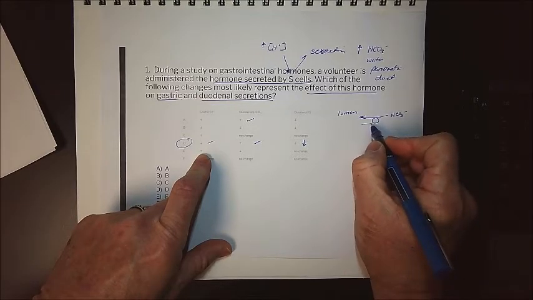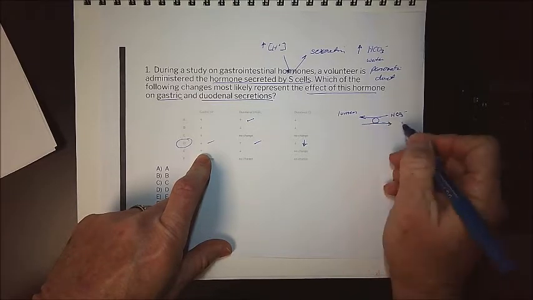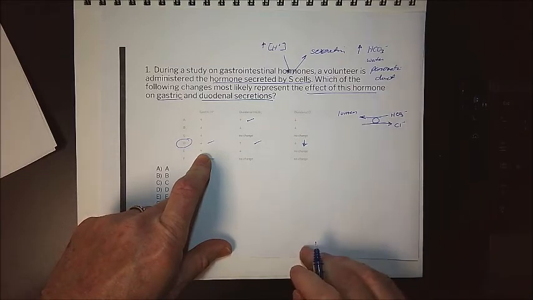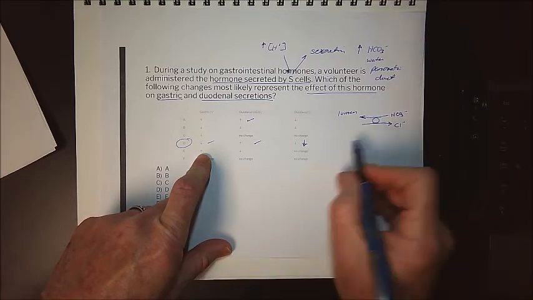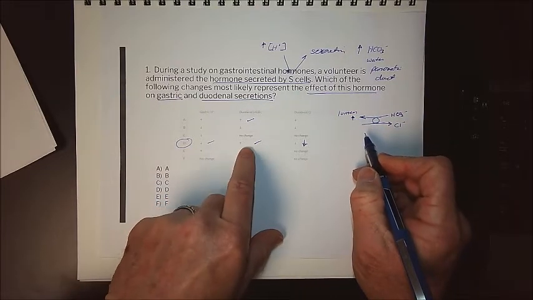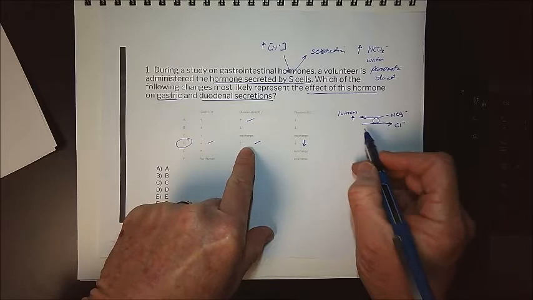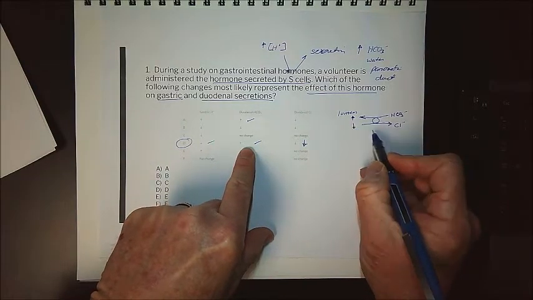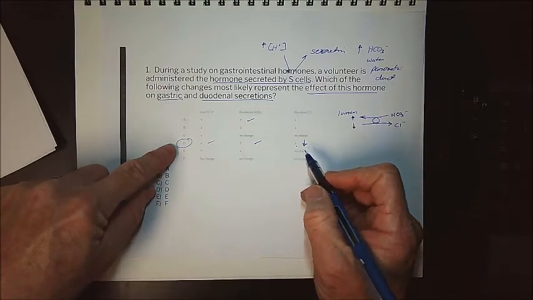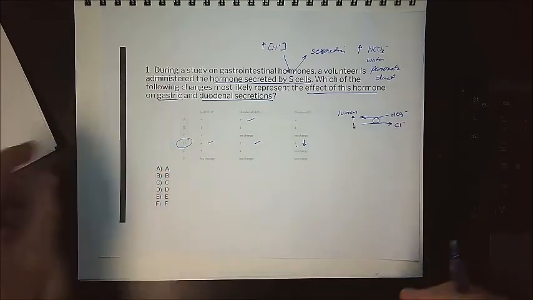But remember, this is a co-transporter, and so we are moving chloride ion out of the lumen and into the cell and into the interstitial space. So that means in the lumen, we are increasing our bicarb concentration, consistent with choice D, and we are decreasing our concentration of chloride, so that confirms this answer. So choice D is the correct answer.